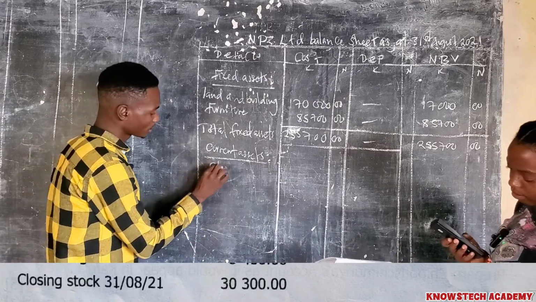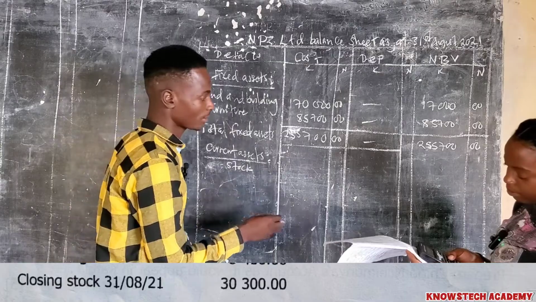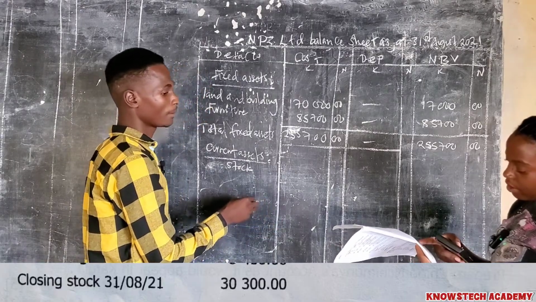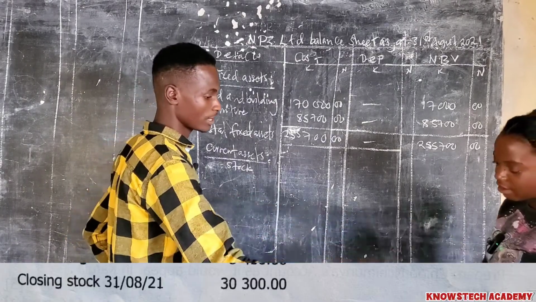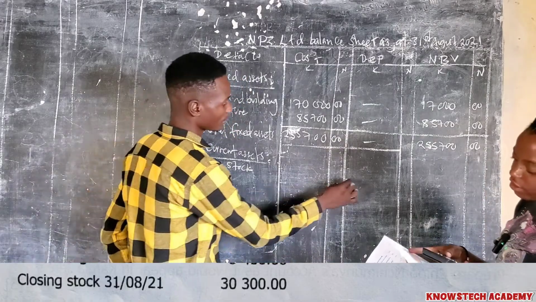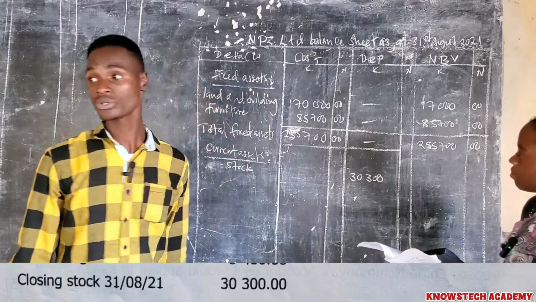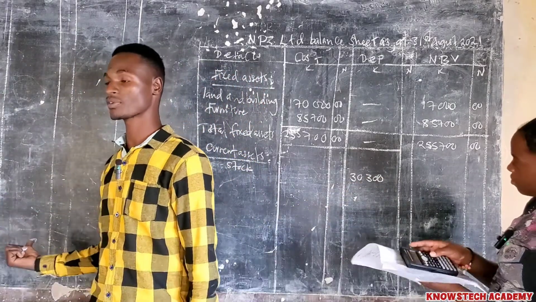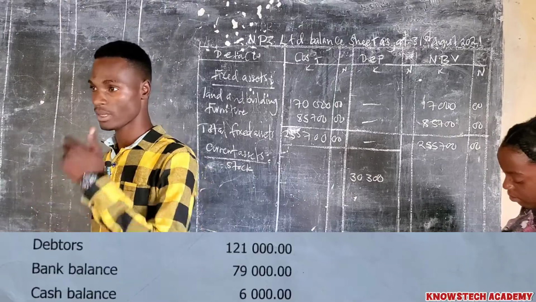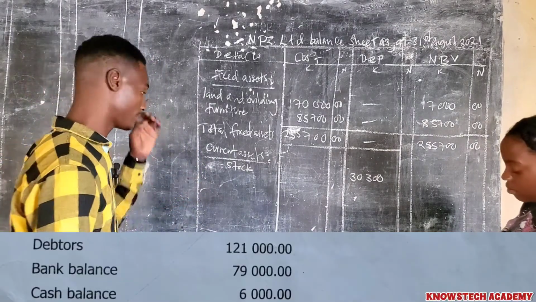Closing stock. So let me just write stock. How much is the closing stock? 30,300. Guys, do you still remember the net loss? How much is it? 9,000.